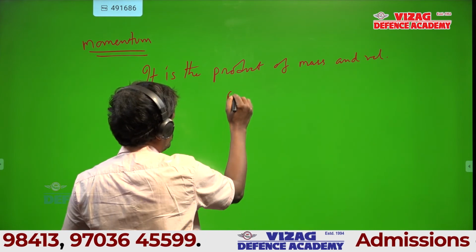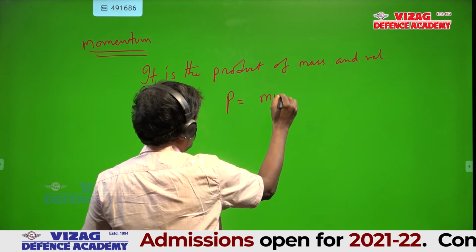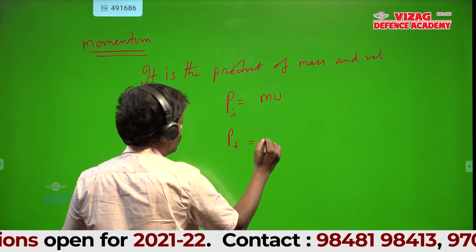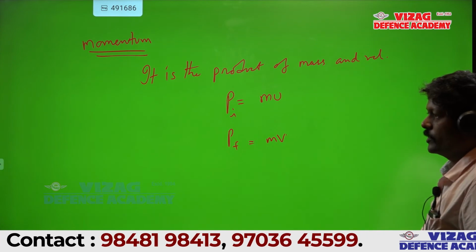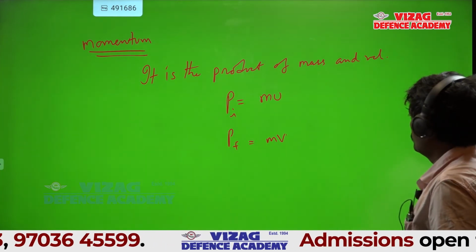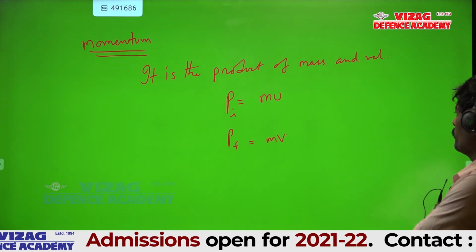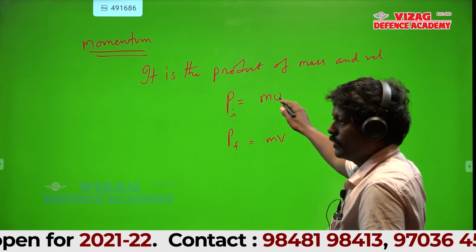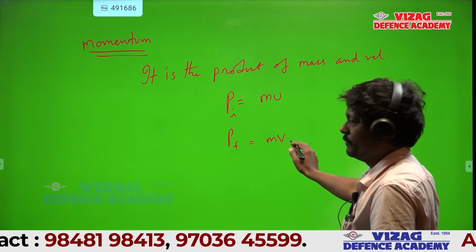That is momentum, represented by P. If you want initial momentum, it is mu. If you want final momentum, it is mv. U is for initial velocity, so we write mu. If you want final momentum, it is mv.